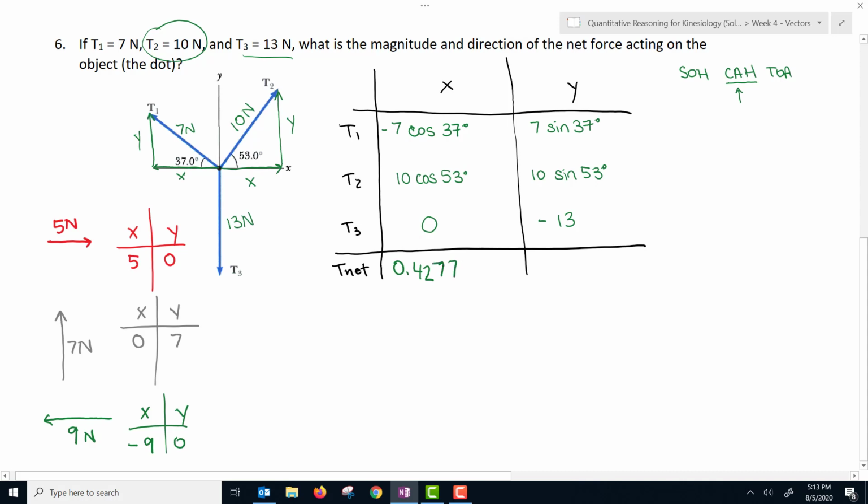Now I'll do that in the y direction. 7 sine 37 plus 10 sine 53, and then minus 13. And I get -0.8009.